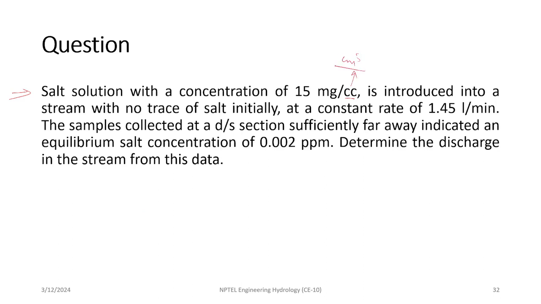Cubic centimeter. It is introduced into a stream with no trace of salt initially. Why is it mentioning that no trace of salt initially? Because if I am having a stream, whatever water is already flowing here, it could have a possibility that dissolved salts may be there, right?